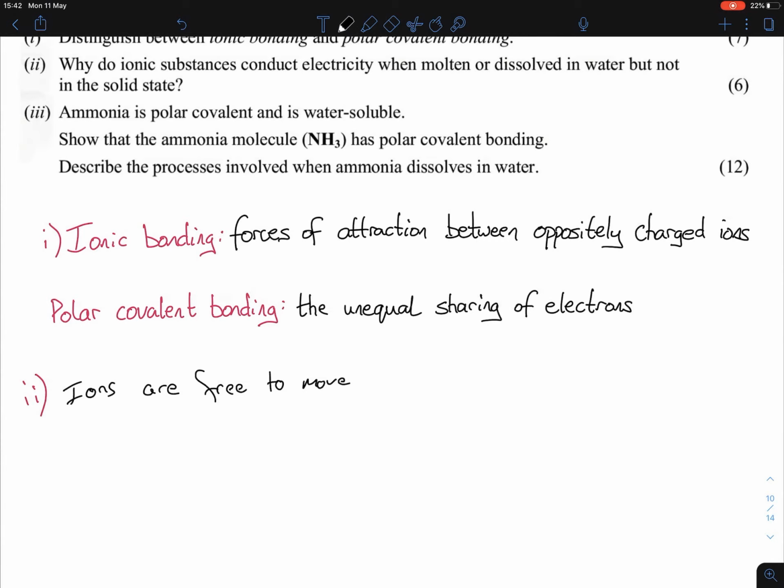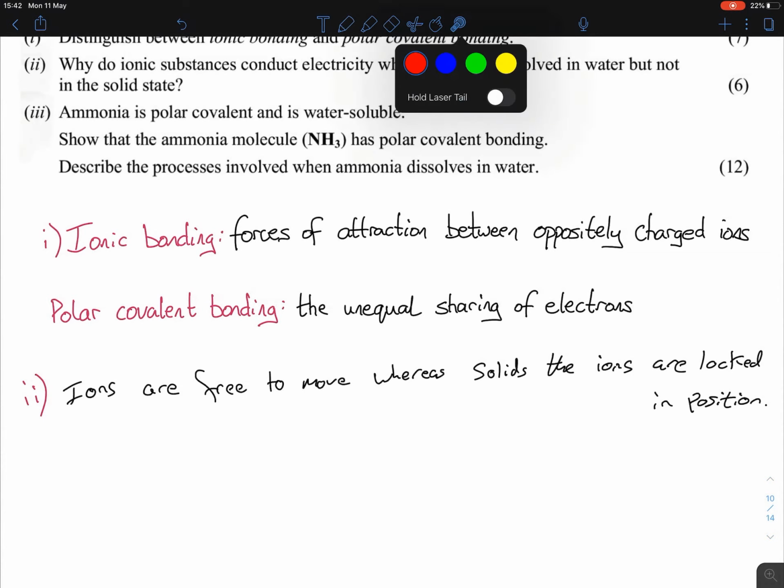Okay, free to move, whereas, and you must specify, in solids, the ions are locked. That means they can't move. They're locked in position, we'll say. Okay, they can't move. And that's it. So they conduct electricity when molten because they're free to move, but if they're a solid, they're locked in position, or sometimes you can say they're fixed.